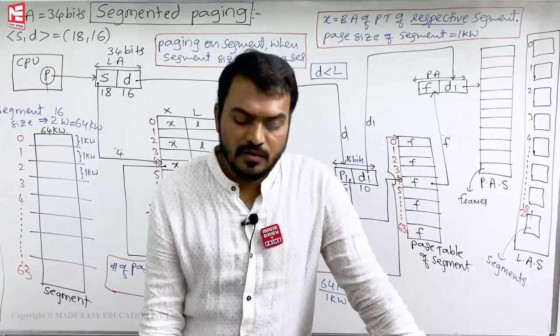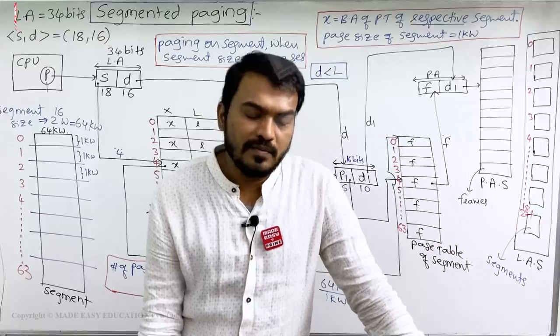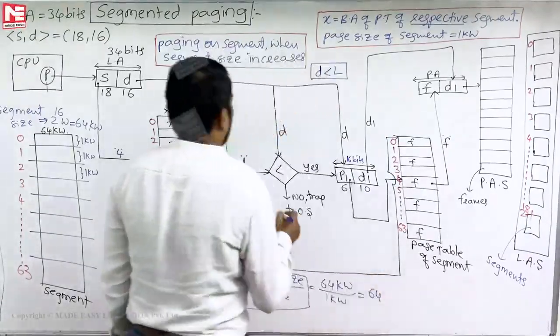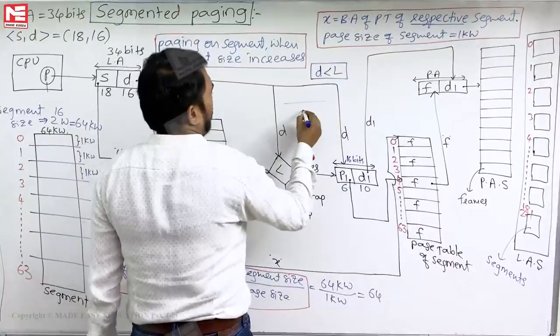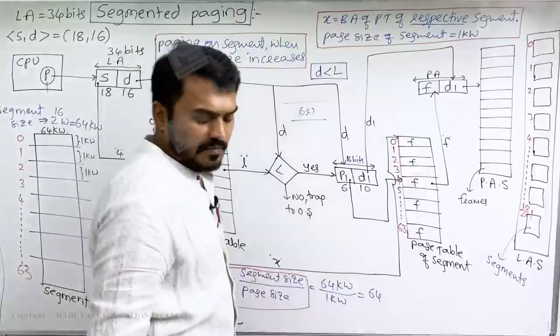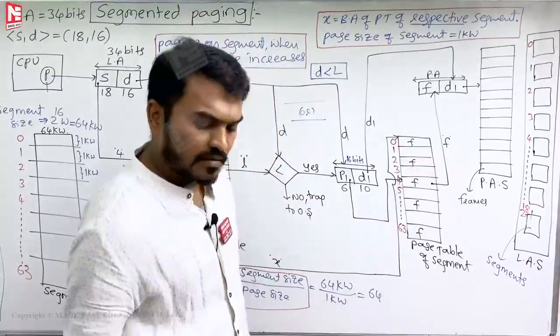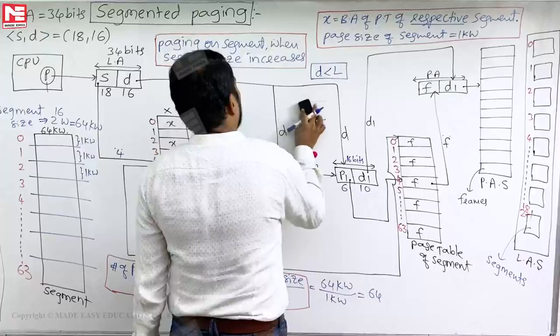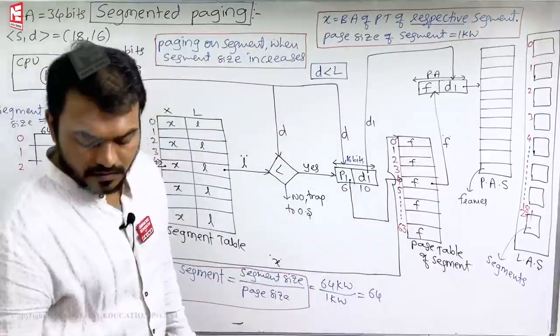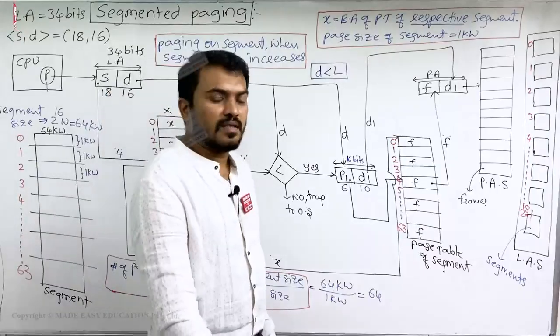How else do we write it, you know, right? Number of bits required to represent pages of segment, or page number of segment.